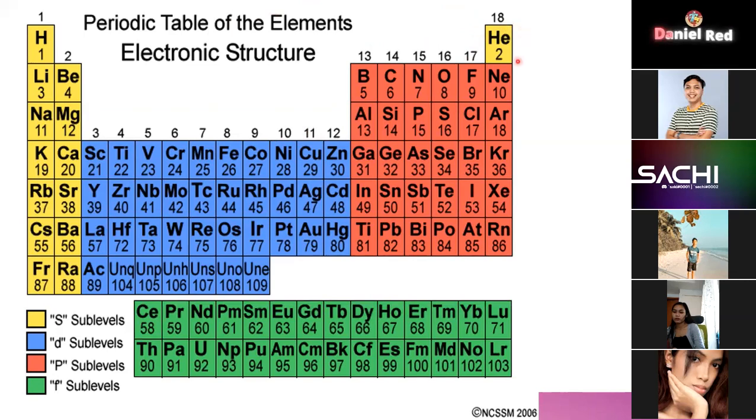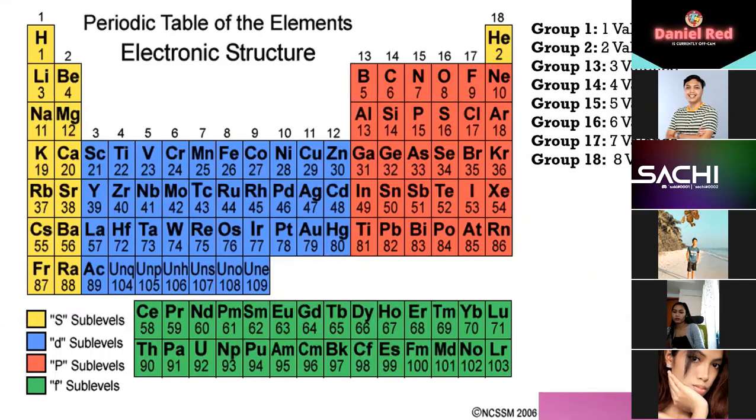These groups are very important in the determination of the valence electrons. So let's reveal. The valence electron for group number 1 is 1. So therefore, all elements under group 1 have 1 valence electron. So hydrogen has 1, lithium has 1, sodium has 1, potassium has 1. Group number 2 has 2 valence electrons.